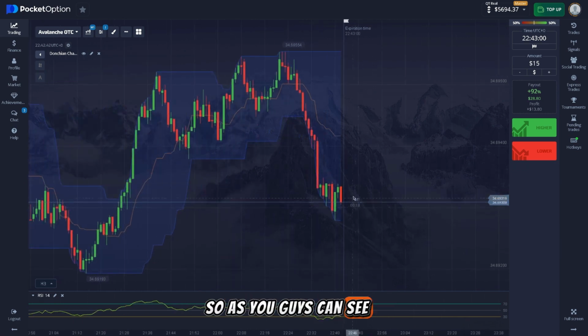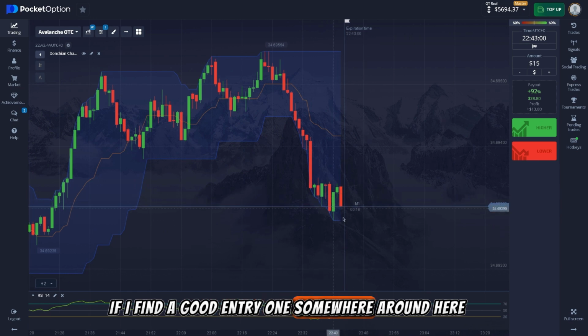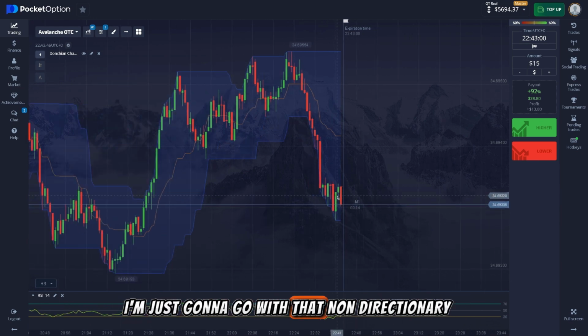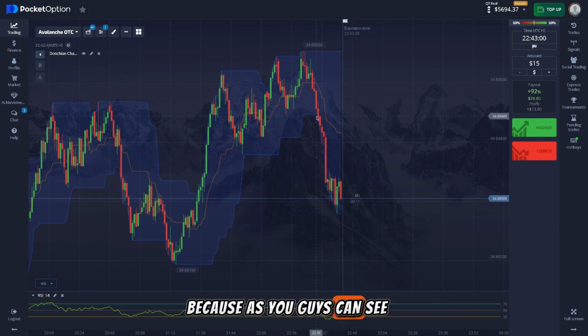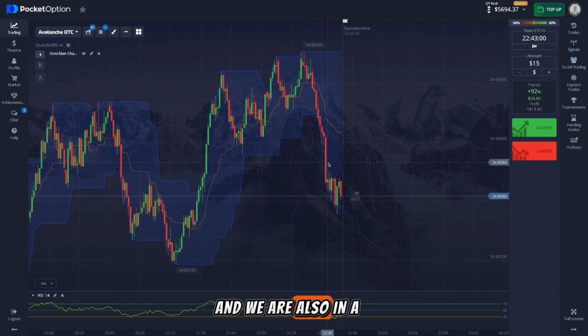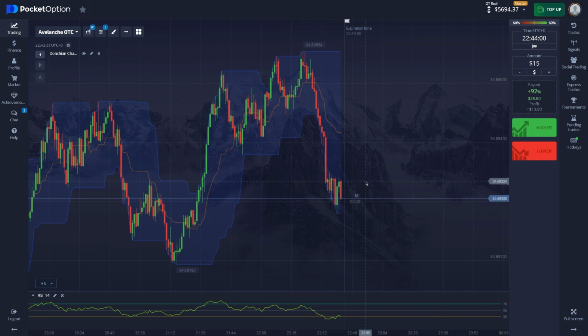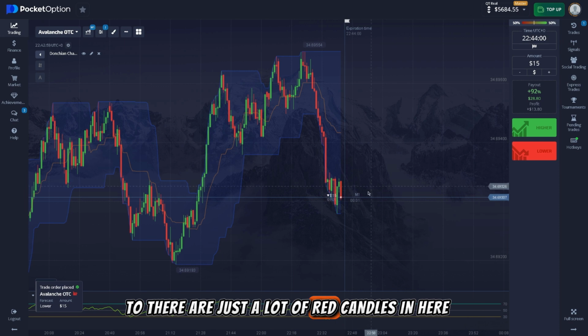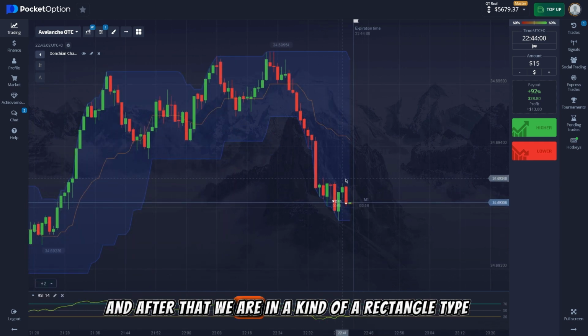So as you guys can see, if I find a good entry point somewhere around here, I'm just going to go with that down direction trade, because we had a change in character in here, and we are also in a bearish rally. There are just a lot of red candles in here, and after that we are in a kind of rectangle type of range.